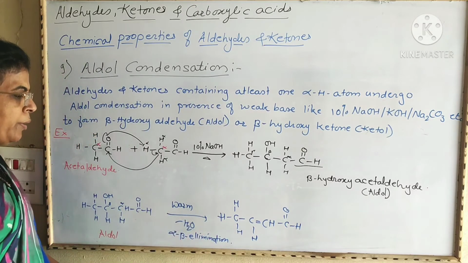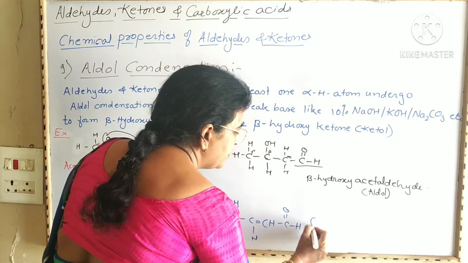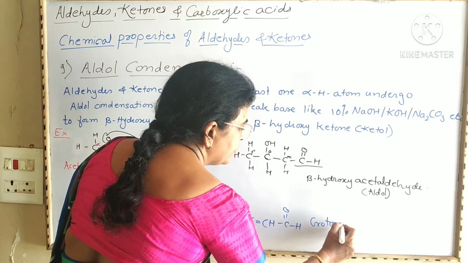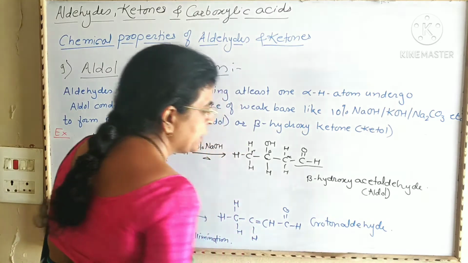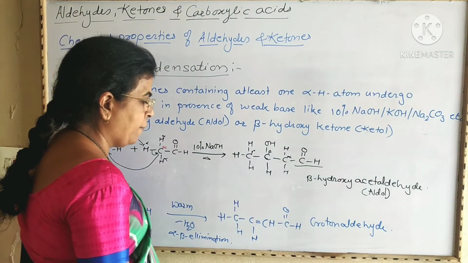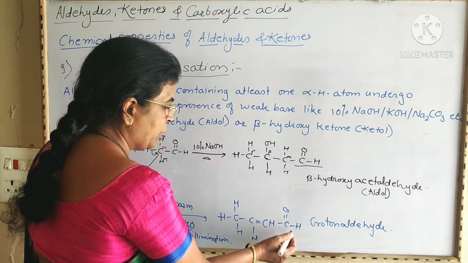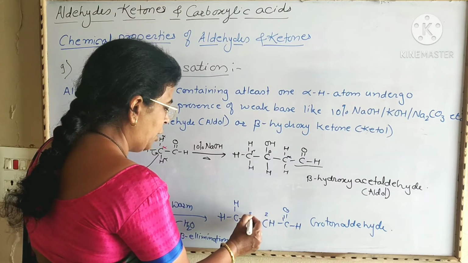The name of this compound is crotonaldehyde. This crotonaldehyde is the common name of this compound. We can give the IUPAC name for this compound. Now give the numbering from the end which is nearer to the functional group: 1, 2, 3, 4.